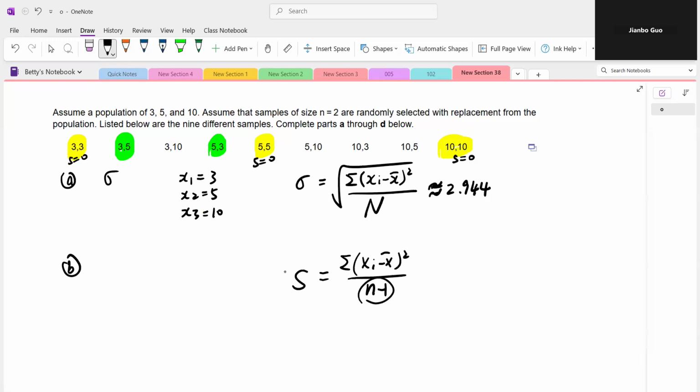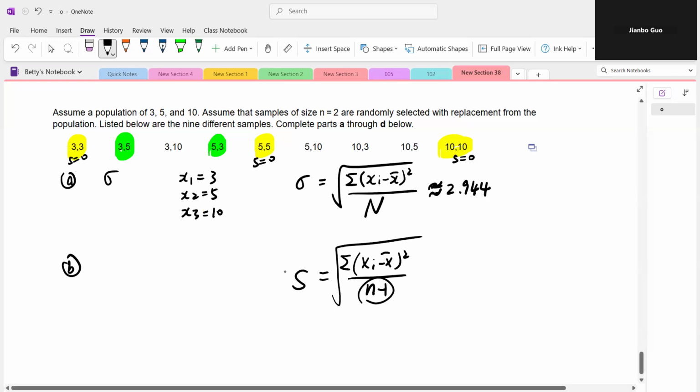Sample size n is 2, so 2 minus 1 is 1. Then take the square root. So be aware: population standard deviation and sample standard deviation have different formulas. The difference is the denominator.